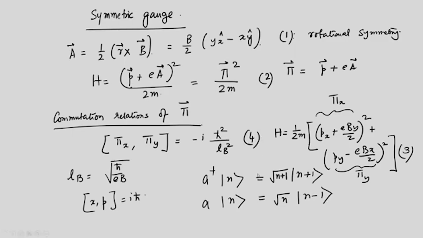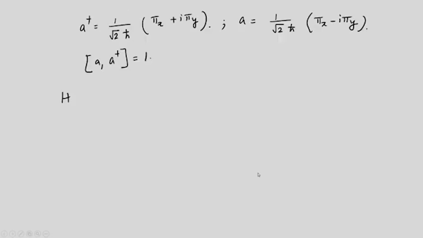So if you look at equation 3, or rather put them in equation 3, you get H equal to h cross omega b, the cyclotron frequency, times (A dagger A plus half), and A dagger A is nothing but the number operator. It just counts the number of oscillators in a given state in the Fock space with index n. So A dagger A yields the number operator for the problem.